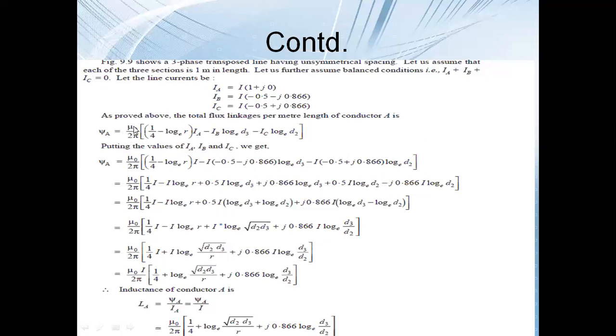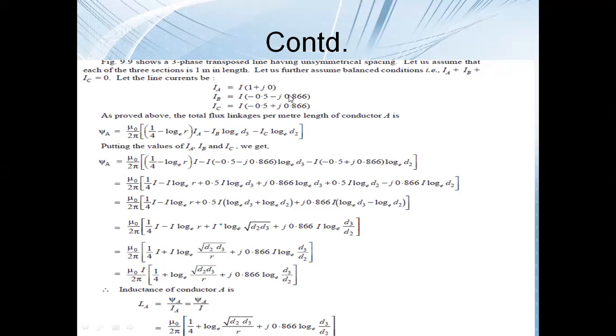So now you see, we have already calculated the flux linkage, psi A. Psi A equal to mu naught by 2 pi, 1/4 minus log R into Ia minus Ib into log D3 minus Ic into log D2. This particular portion, this psi A calculation, we covered in the last class, because the infinity term will vanish.